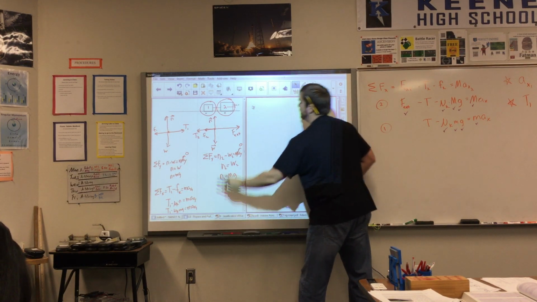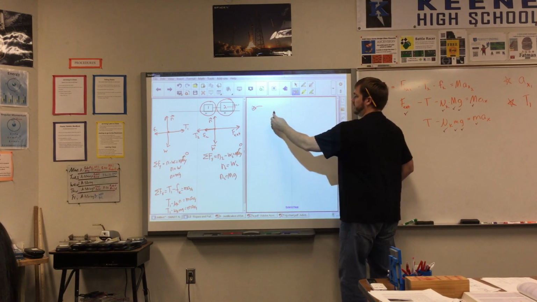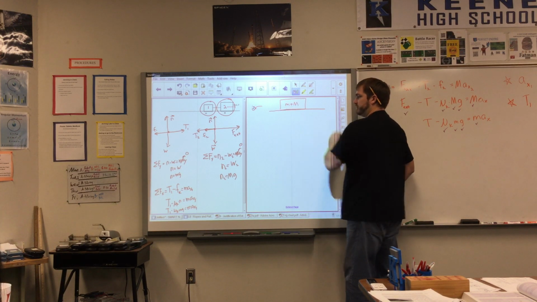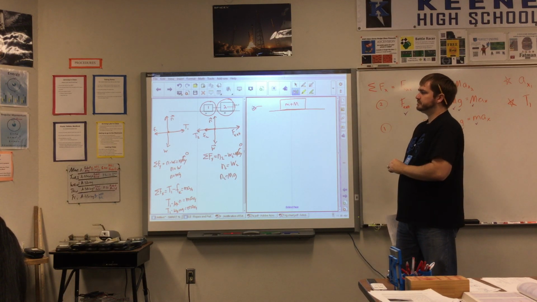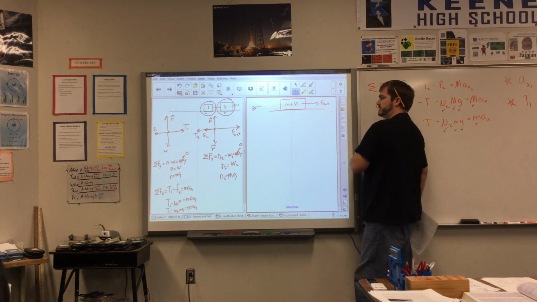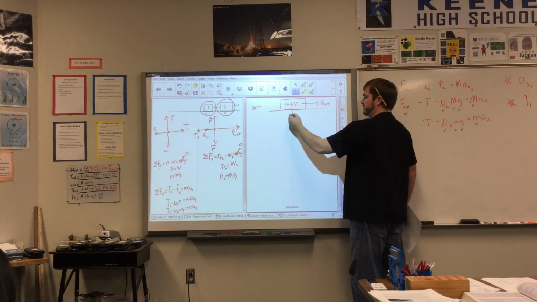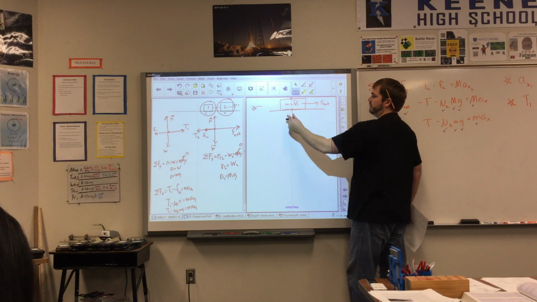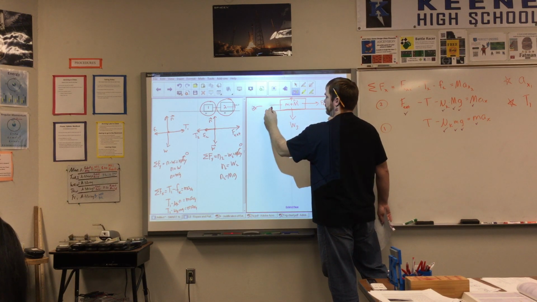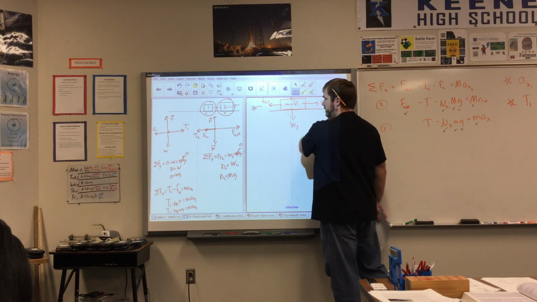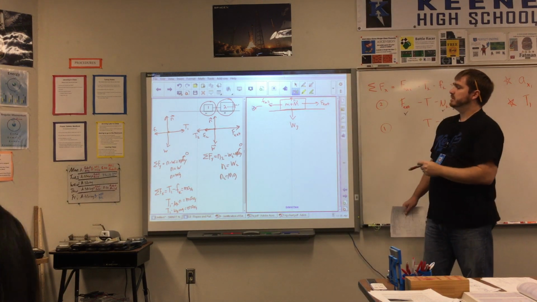So think of it like this: one giant object of mass little m plus big M with F external pulling on it, weight 3 going down, normal 3 going up, and the friction force F K3 going to the left.